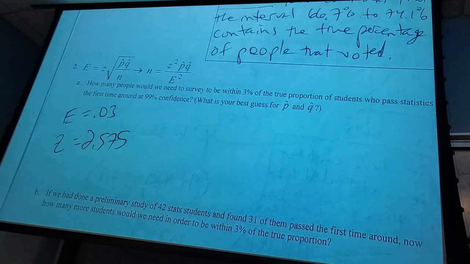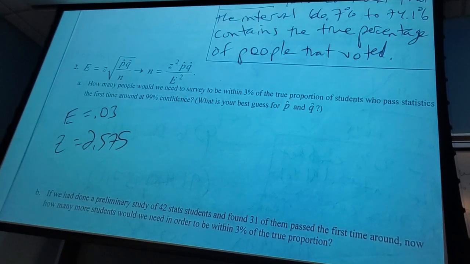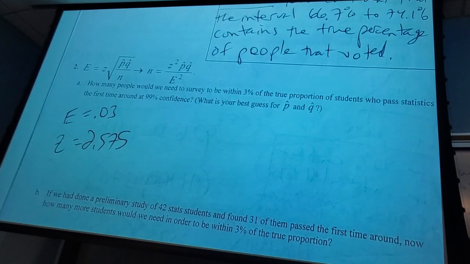You guys kind of with me? Making P hat and Q hat 0.5 each makes N the biggest it could be. Mathematically, if I make P hat and Q hat both 0.5, N comes out the biggest it possibly could. So you could look at it one of two ways. Either the best guess is 50-50 when you don't know, or putting 0.5 in for each makes N the biggest it could be.